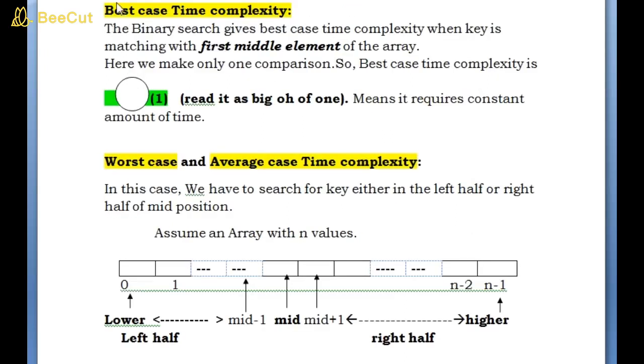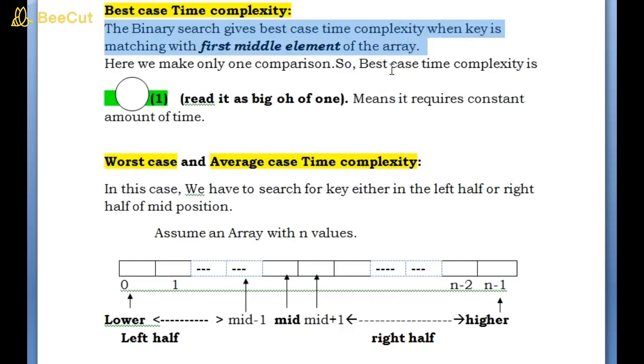Now we see when the binary search mechanism gives best case time complexity. Binary search gives best case time complexity when key is matching with the first middle element of the array.